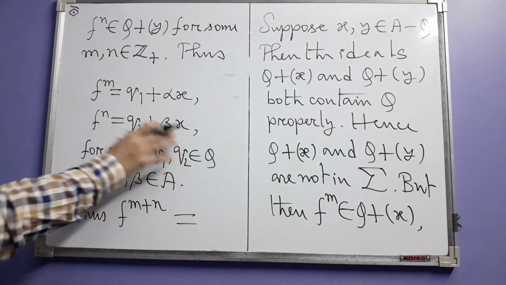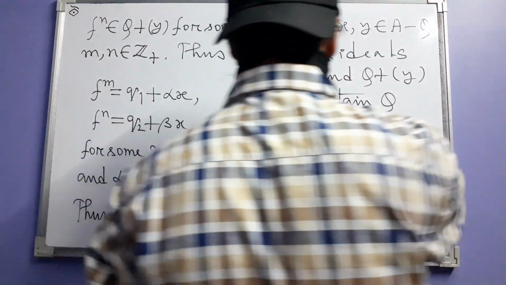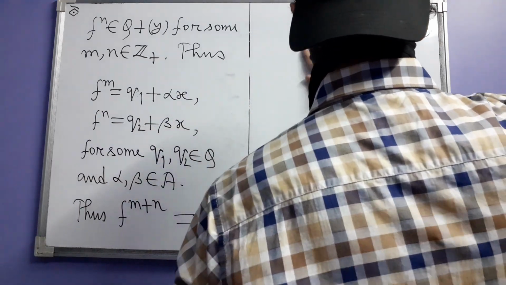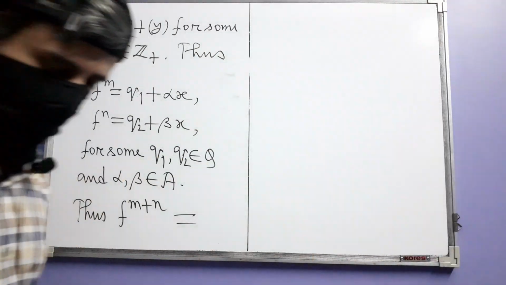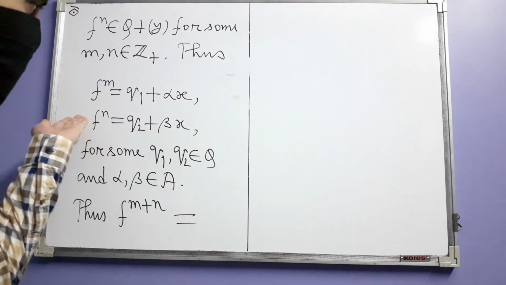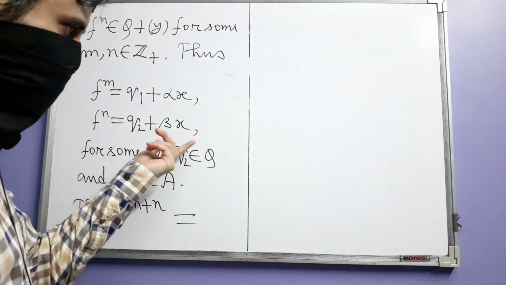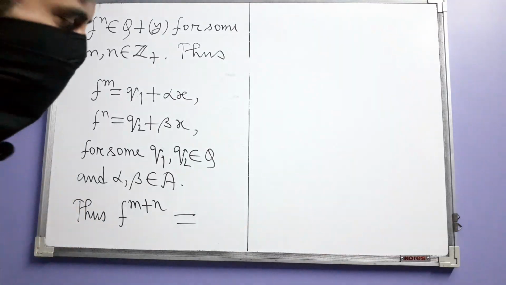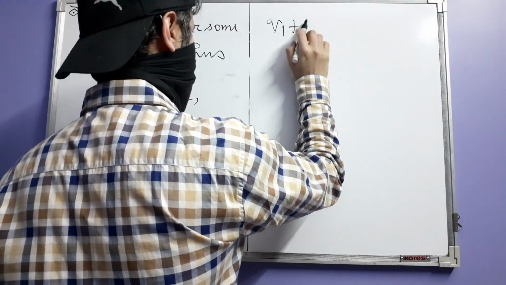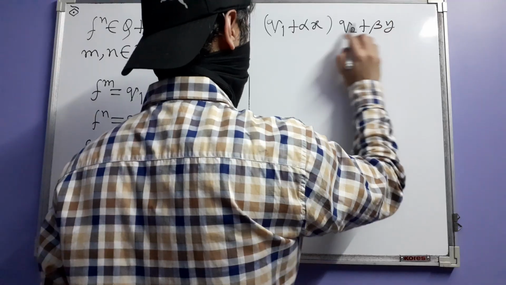This of course will be the product of these two elements. One more thing, where we declared that a maximal element in sigma exists, there I must have written P, change that to Q. So now this is Q1 plus alpha x times Q2 plus beta y.